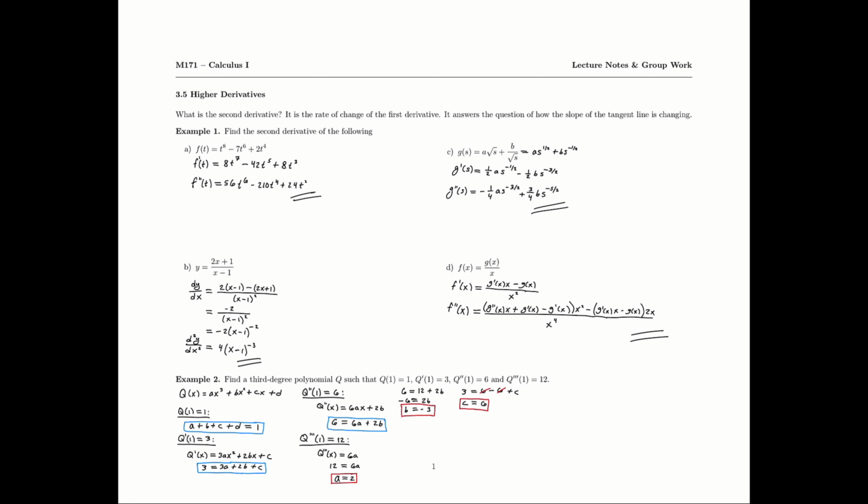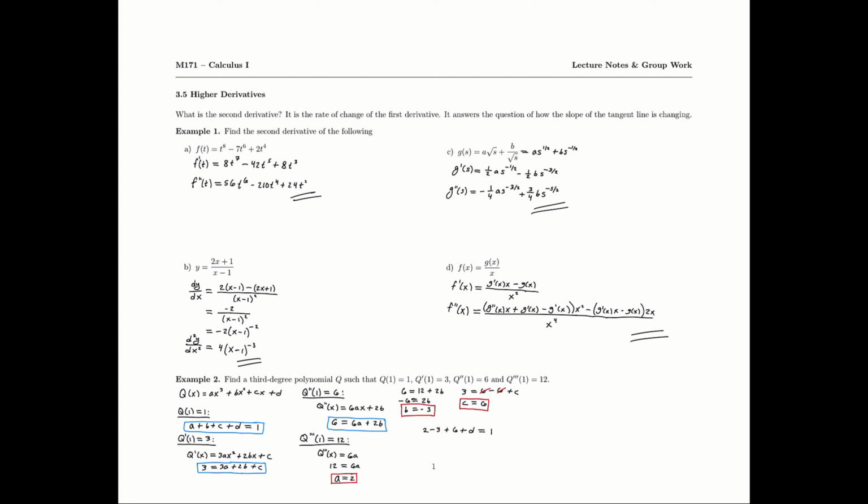Okay. Now, we need to plug in a, b, and c into this expression. So we can go ahead and just steal that for the moment and move over here. And of course, we know a is 2, b is -3, c is 6.